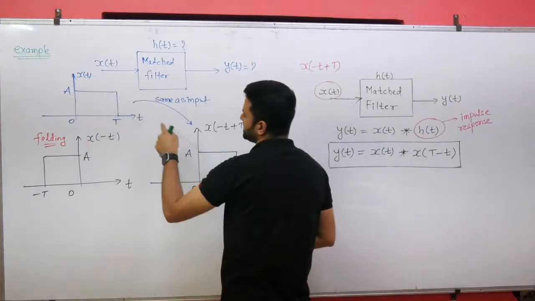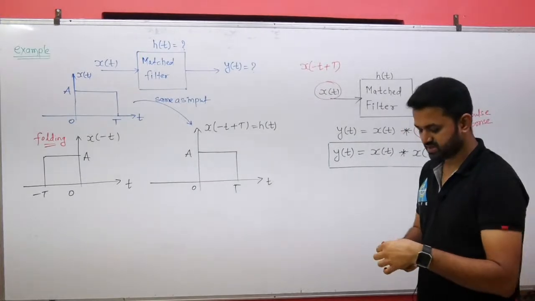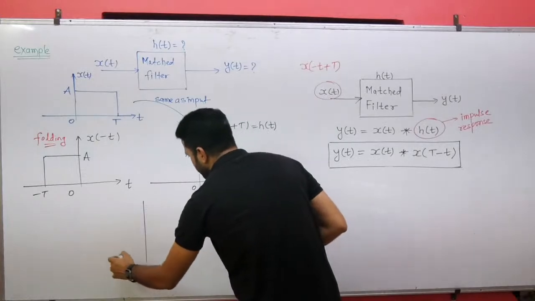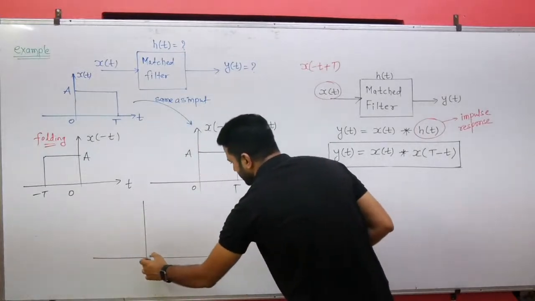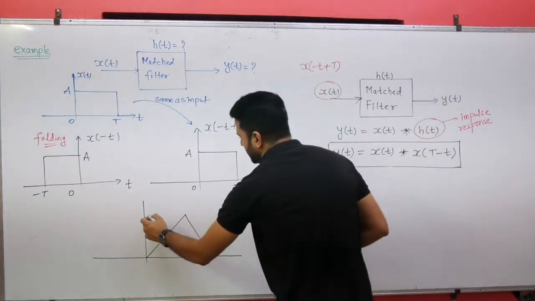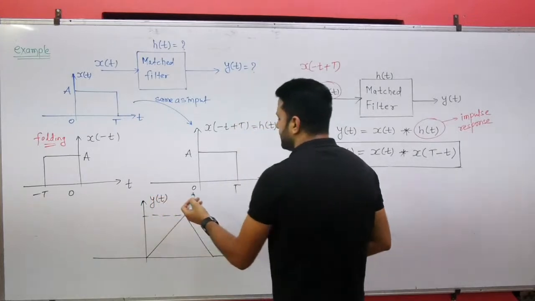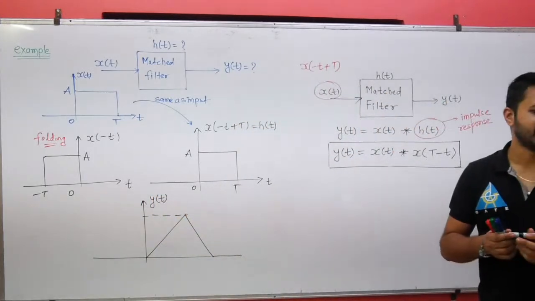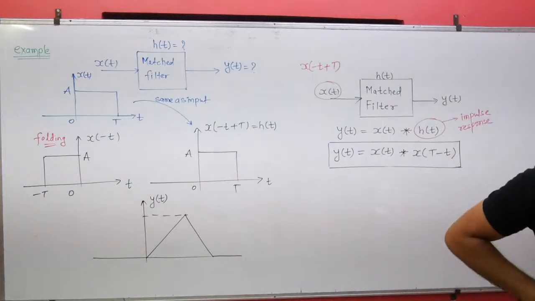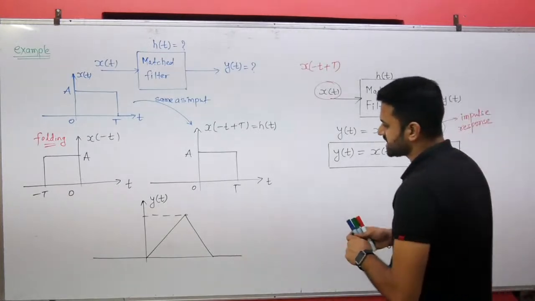If you convolve these two signals, because this is a symmetrical rectangular pulse, after convolving, what will we get? We will get a triangular signal.